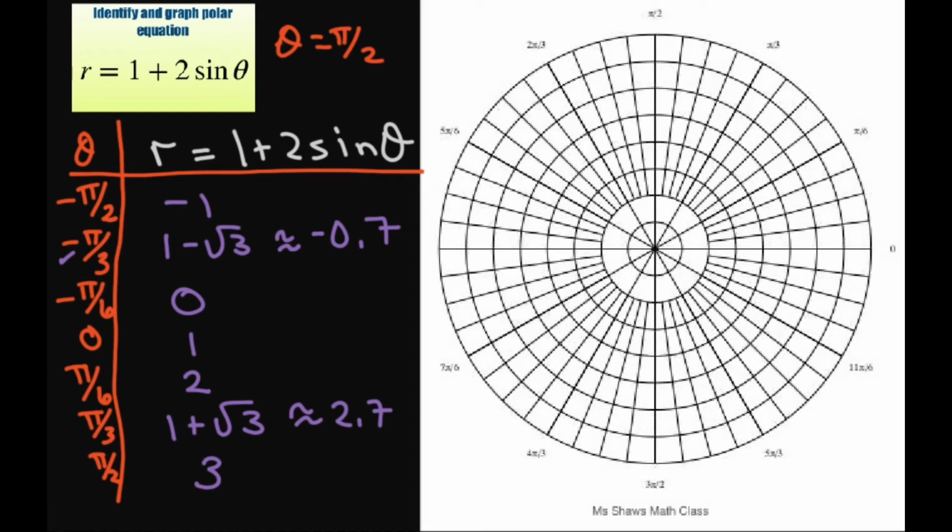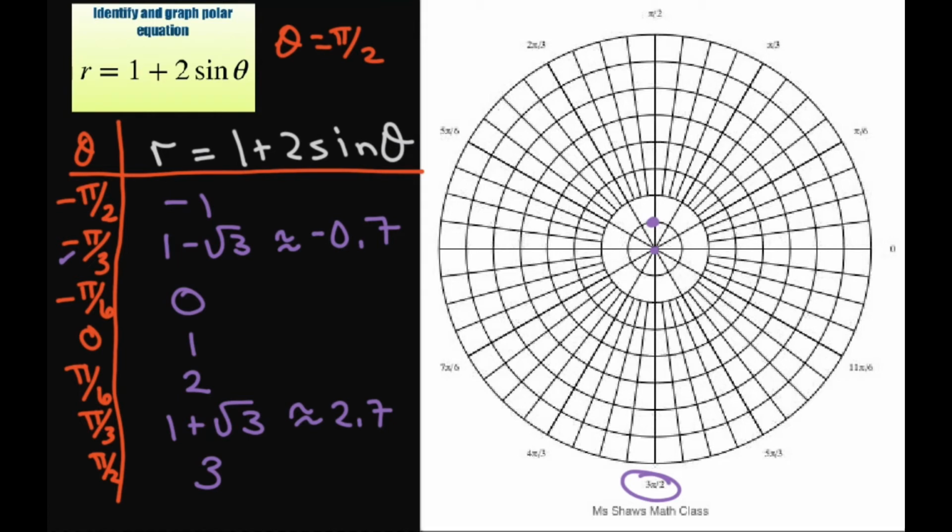At negative pi divided by 2, this is this one, we're at negative 1. So that's going to occur here. Remember, this would be 1, but since it's negative 1, you go this way. That's your r. So we're going that way. All right.